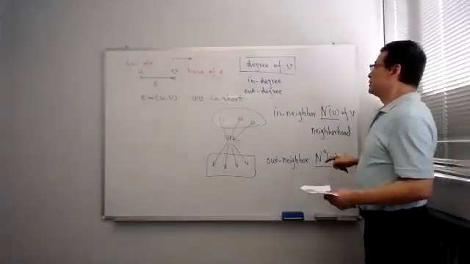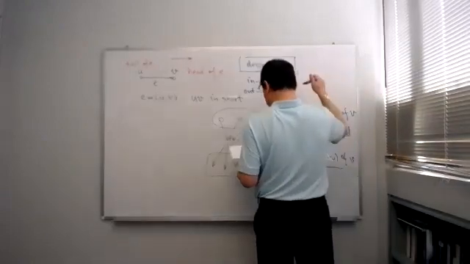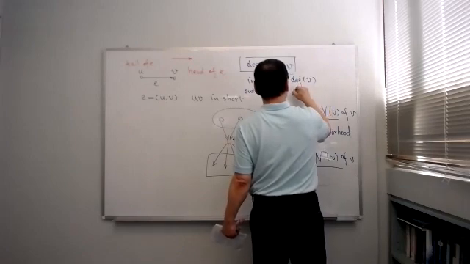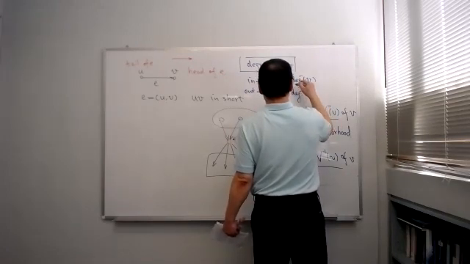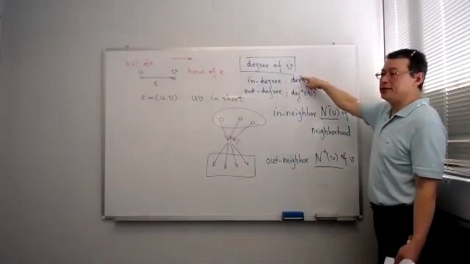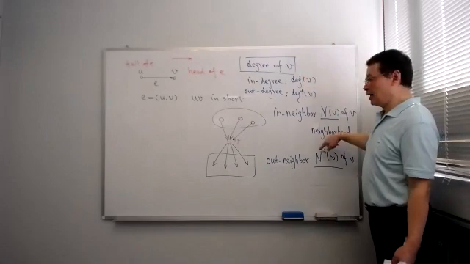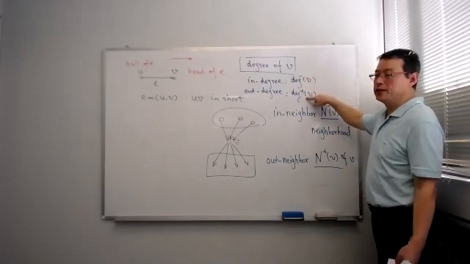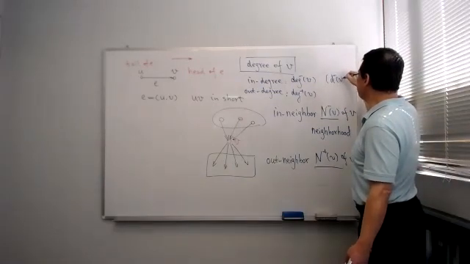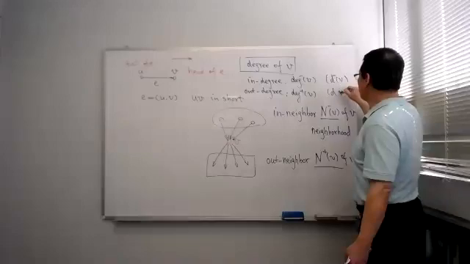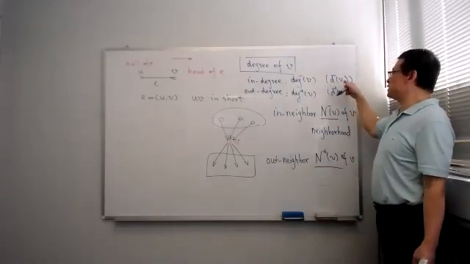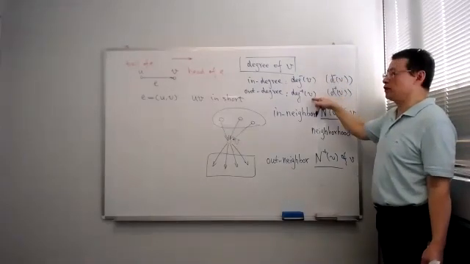Notationally, we use the same minus and plus here. So for in degree, we have a minus in the superscript. Out degree has a plus in the superscript. And very often we also use shorthands: we can use d minus V, d plus V here. This one is shorthand for this one, and this one is shorthand for this one.